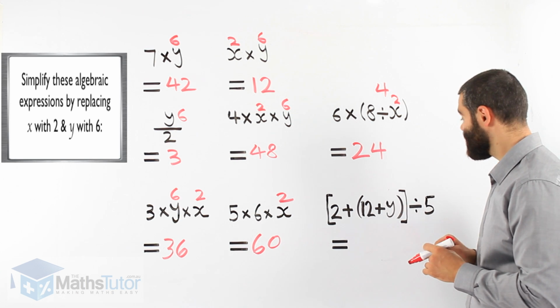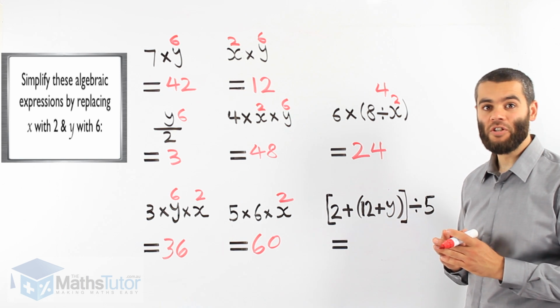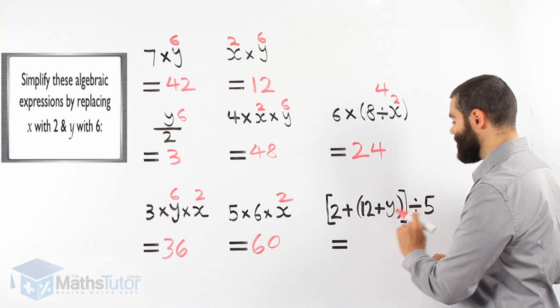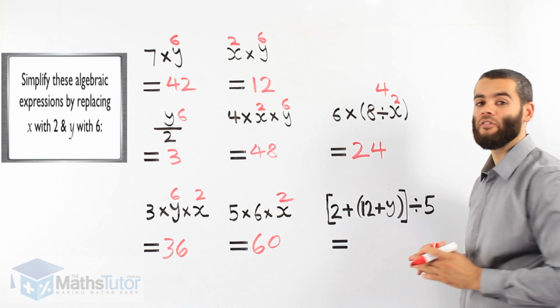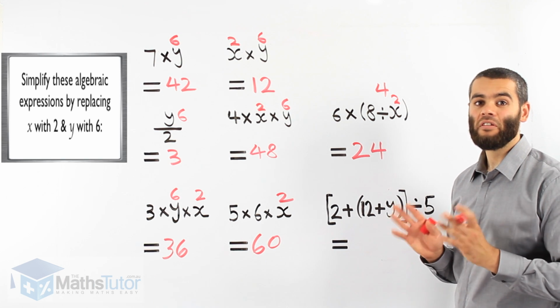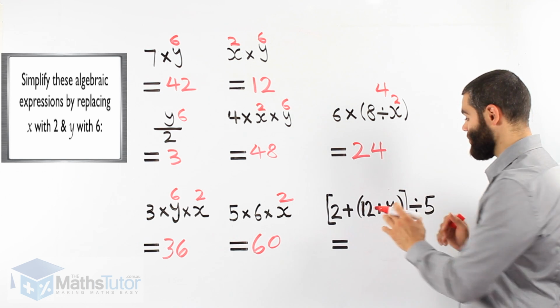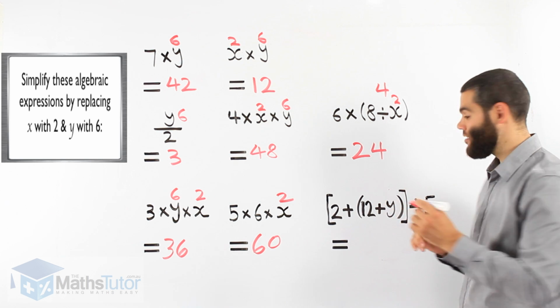Last example now, we can tell that we have another algebraic expression. We have 12 plus y all inside, then 2 plus everything inside, and then divide by 5. We always start using the order of operations with the brackets inside first. 12 plus y. We know that y is 6.